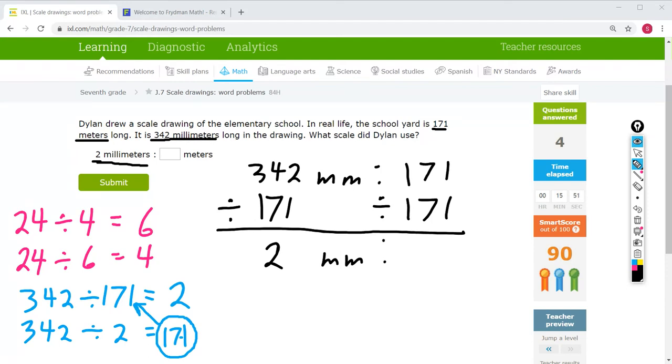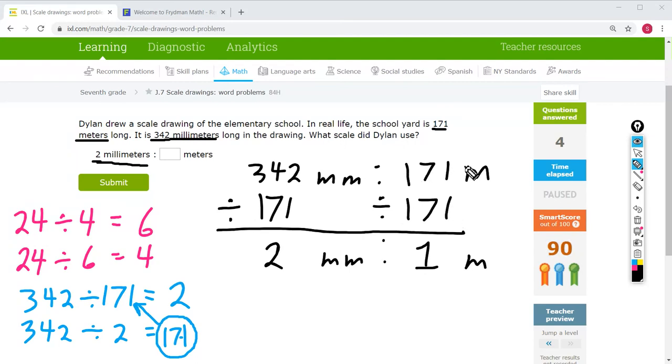So on this side, I forgot to write meters in here, by the way. On this side, I would get 1 meter because 171 divided by 171 is 1. Keep in mind, I'm not dividing by 171 here because there's 171 over here.